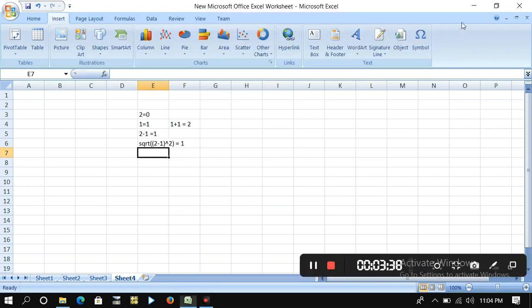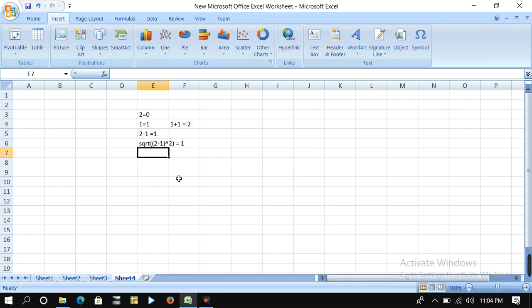So the next step is, what I will do next is just factorizing the internal numbers, 2 minus 1.